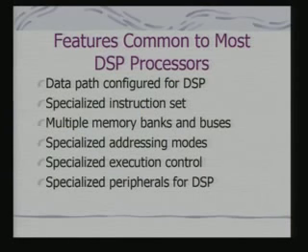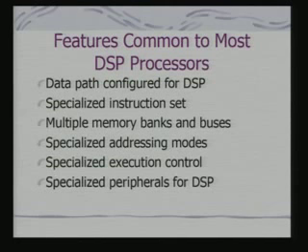So, with this motivation and background, let us look at the other features which are common to most DSP processors. These are the points which are listed, and these are features which are universally true for all these processors. The data path is specially configured for DSP. It has a set of specialized instructions.